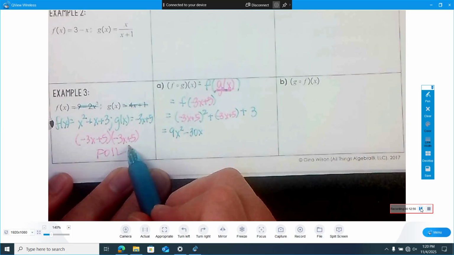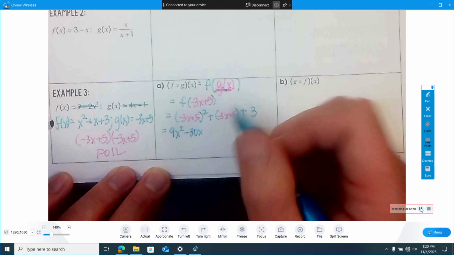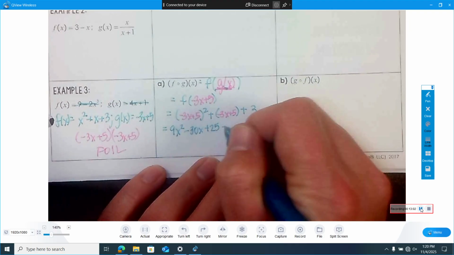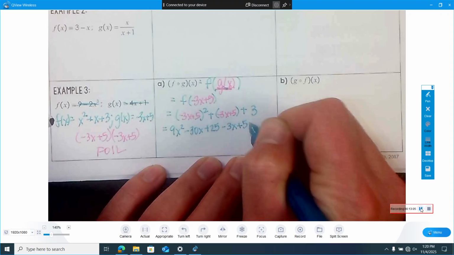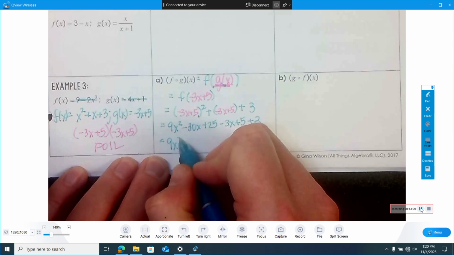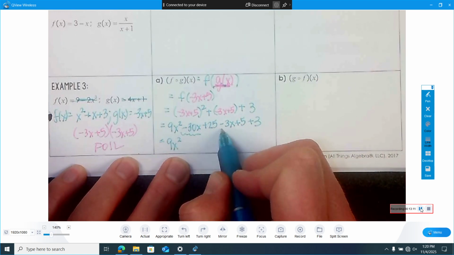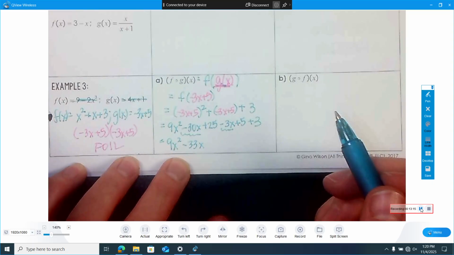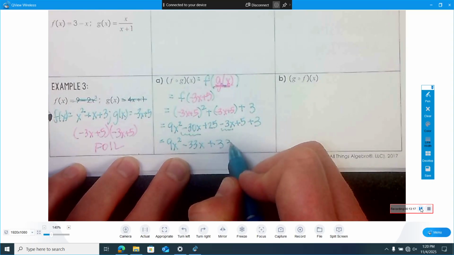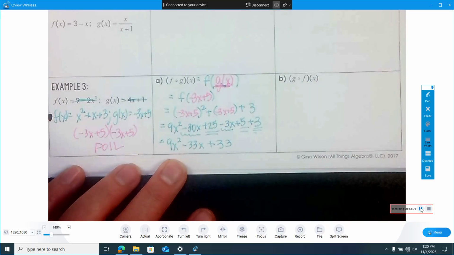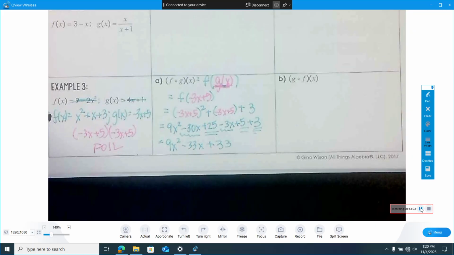Yeah, negative 15x and negative 15x gives me the negative 30x. And then we got a plus 25. We have the minus 3x plus 5 plus 3, and I just need to clean it up. So 9x squared, let's see, negative 30x and negative 3x, negative 33x, and plus 33. Yep, 25 plus 5 plus 3 would be 33. Great, super.